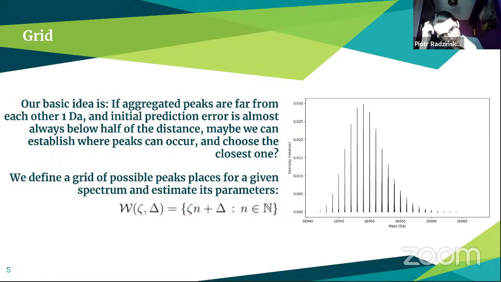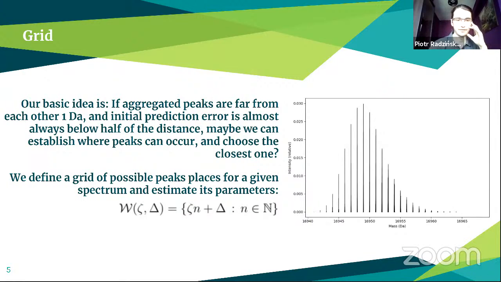So our basic idea for the theoretical spectra is that if we have a prediction and we know that almost surely it's closer than half of a Dalton to the correct monoisotopic peak, then maybe we can create a grid that can be easily fit to the visible spectrum, visible, I mean, later in experimental spectra, and then check which point on this grid is the closest to our initial prediction.